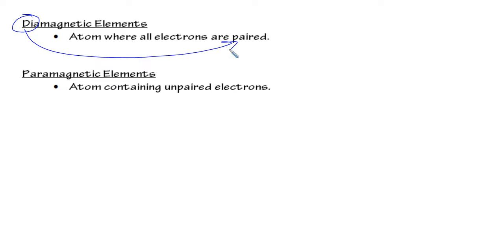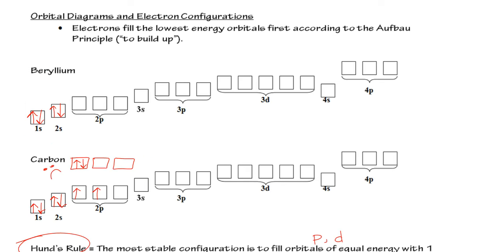So remember that these are not what you would expect. Paramagnetic means that the element has unpaired electrons. Diamagnetic means that they're all paired. So for example, if I look back at something like beryllium, beryllium has all of its electrons paired. So we would say that beryllium is diamagnetic.